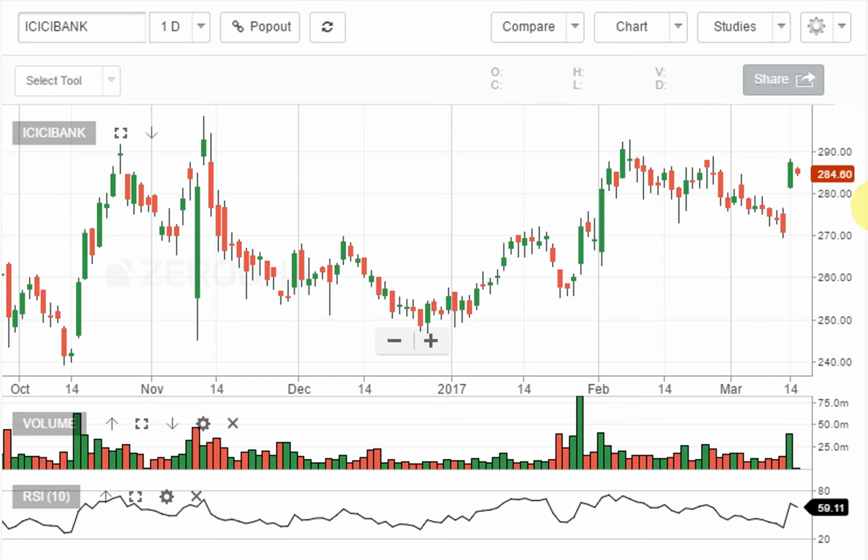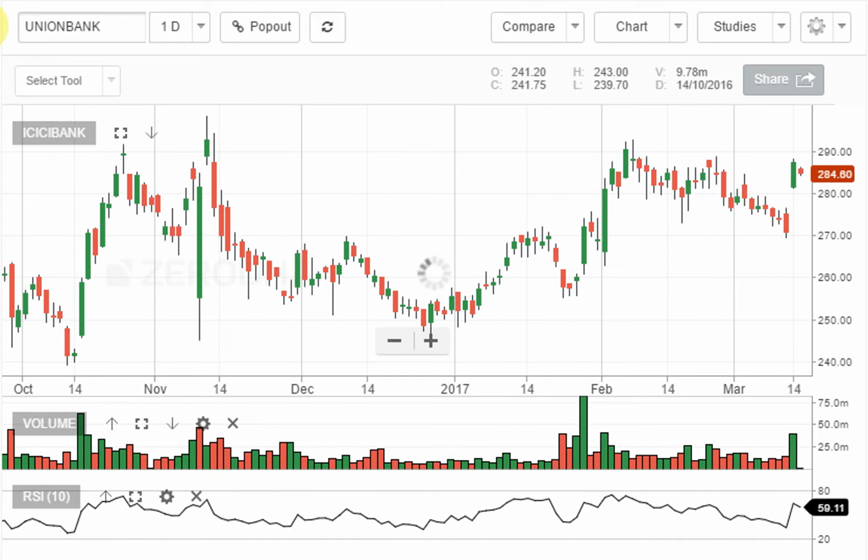So we'll be going back to our Union Bank. Let's see what exactly is happening with Union Bank. Okay, we'll be making it 15 minutes because we had taken a support there. Oh, the support has gone. Okay, so this is in support.